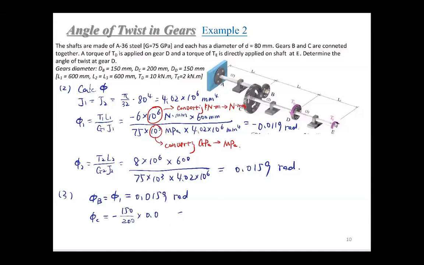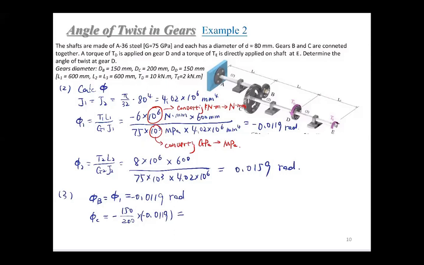This is phi 1. So here will be negative 0.0119 radian, and here will be negative 0.0119.